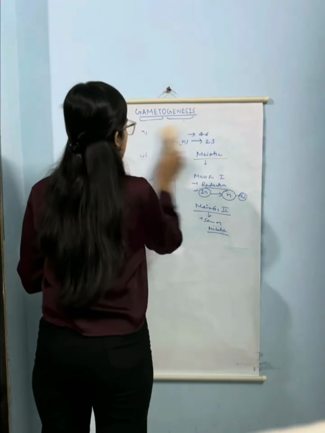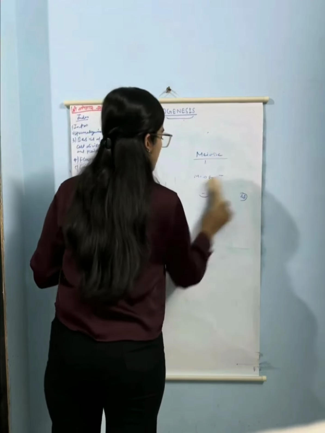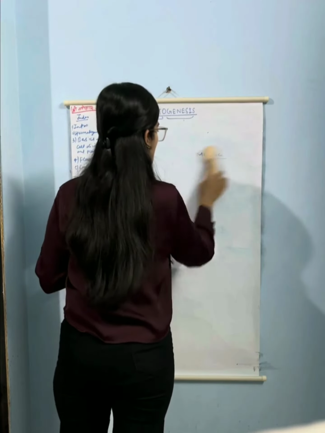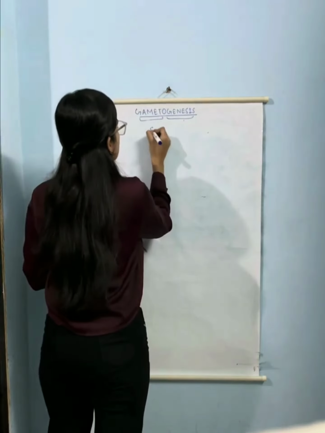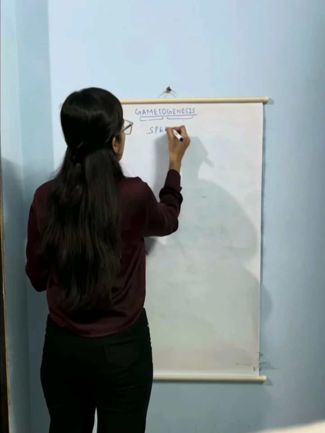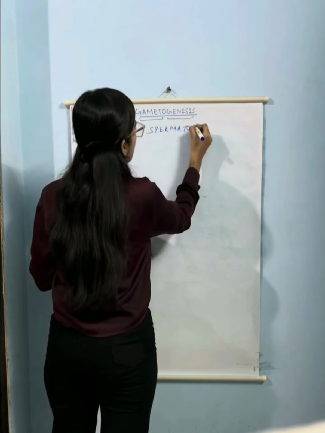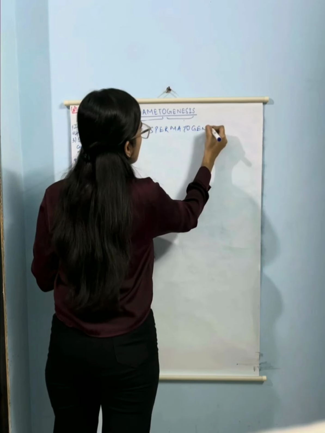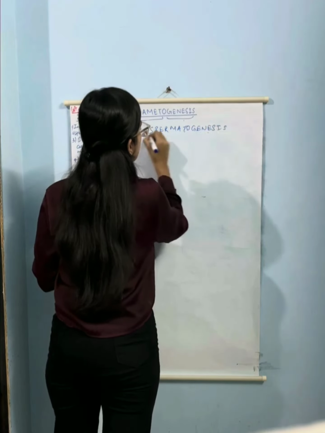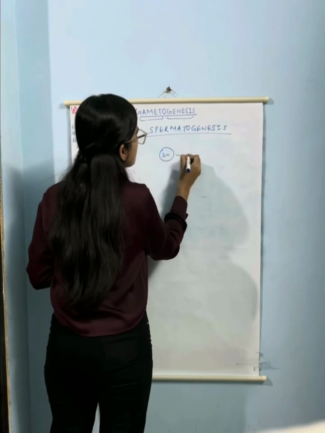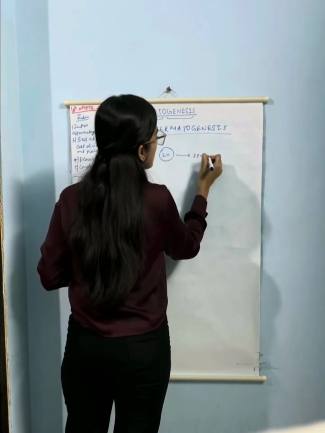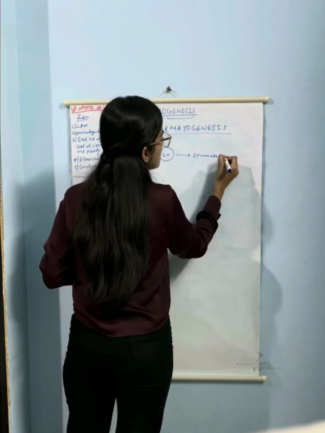Now we will discuss spermatogenesis, which is our main topic, with the help of a flowchart. This is a spermatogonia cell, or male germ cell.